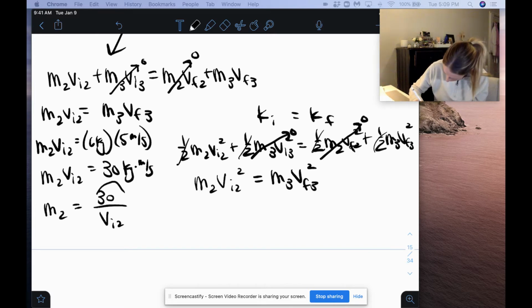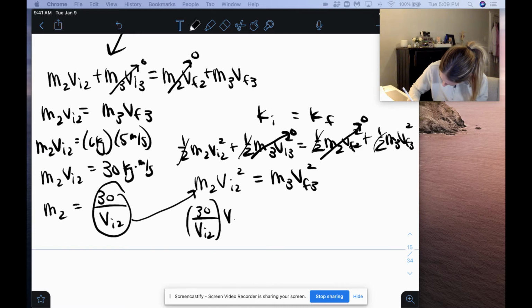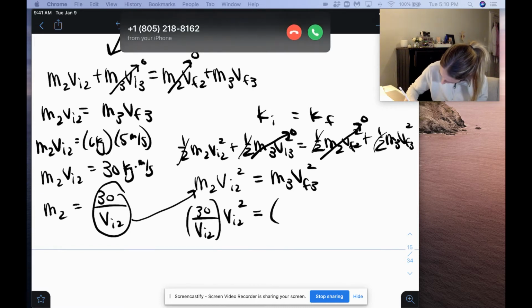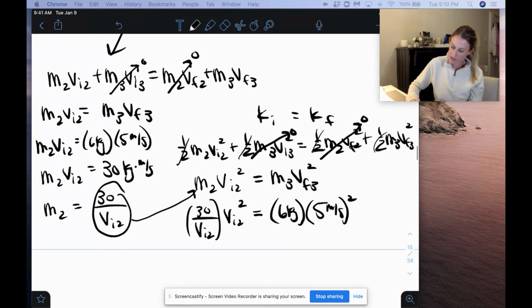So I'm going to take this and plug that in here and also plug in my other numbers. So what I get here is 30 divided by V initial 2 times V initial 2 squared equals mass 3, which was again 6 kilograms, times V final 3, which was 5 meters per second squared.